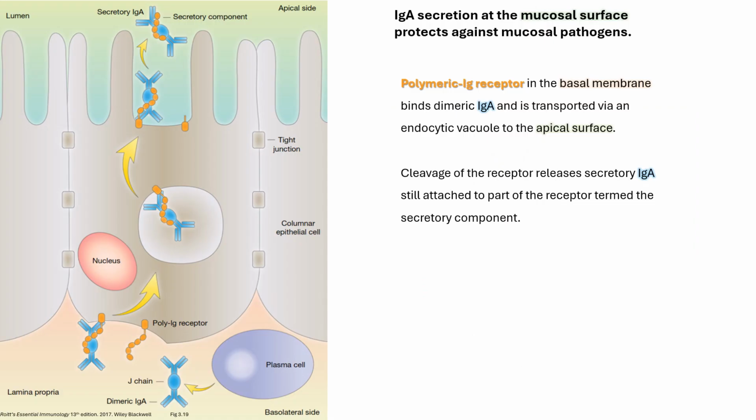Now, a type of Fc receptor called the polymeric immunoglobulin receptor is necessary for the transport of secretory IgA to the intestinal mucosal surface. The epithelial cells that line the mucosa have what is called an apical side and the basolateral side. And the apical side, this is where the contents of our food undergoing digestion is being passed.